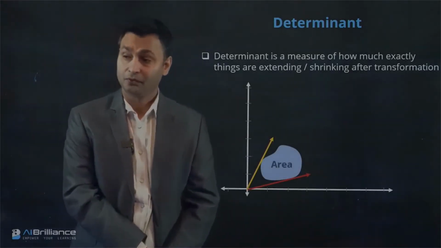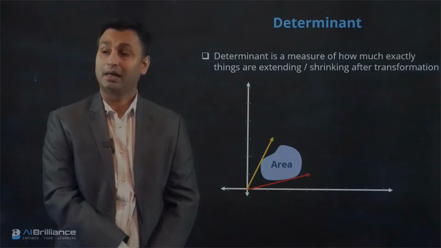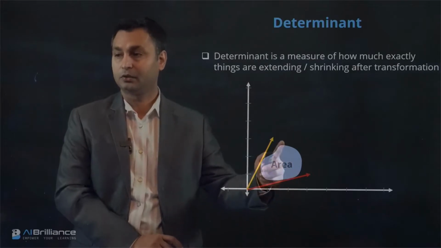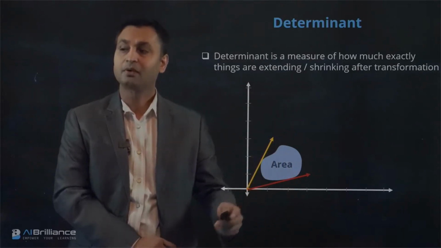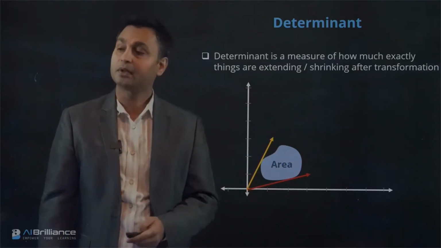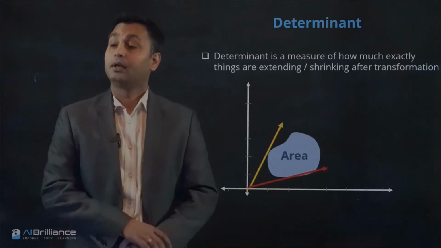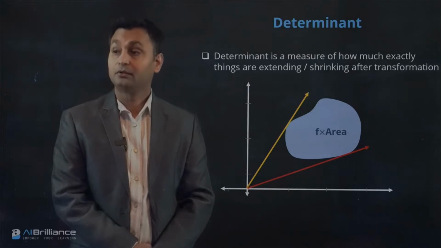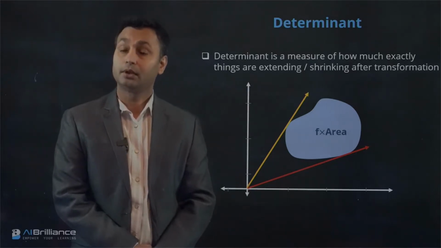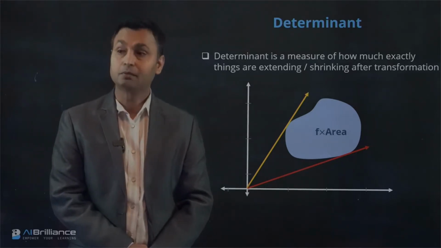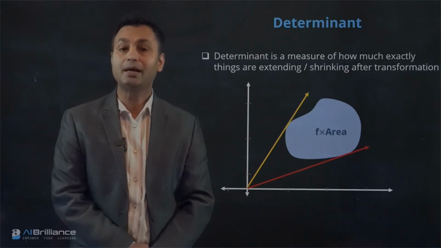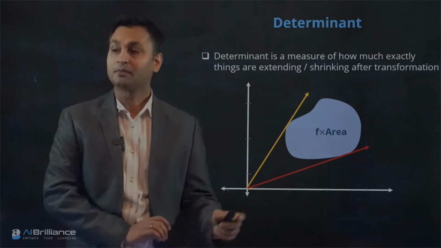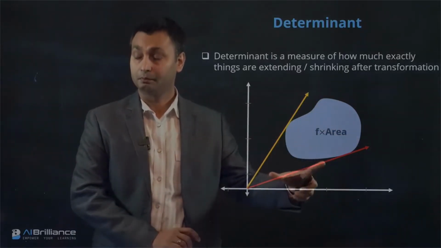Let's say before transformation you have some object, and maybe we can discretize it and get vectors that represent this boundary. If we perform some transformation on it, it might expand and become bigger. The initial vectors, which are shown in yellow and red, become bigger, and correspondingly, by applying the same thing on the discrete points of the initial object, that object might become bigger.